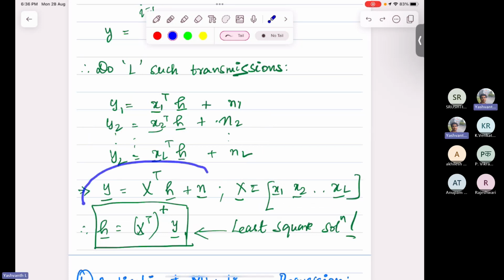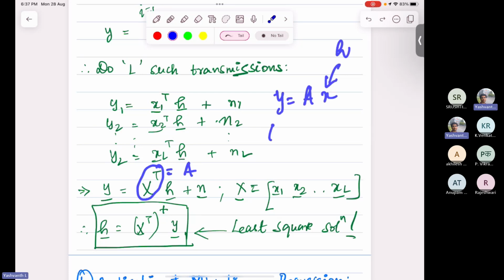Now, H is the thing that we need to solve for, right? What is it? Just take the least square. X transpose is like your A matrix. So Y is equal to AX, where X is like your H and Y is the same as Y. But you have a noise term. That's why you go for the least square solution. You don't know what noise is.